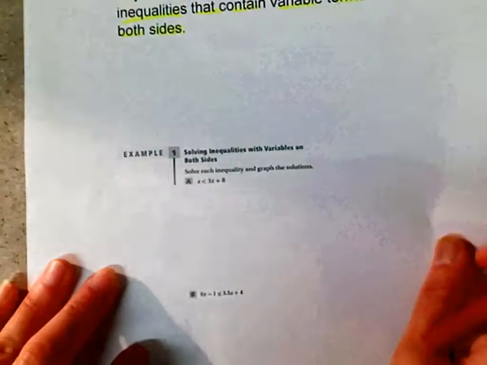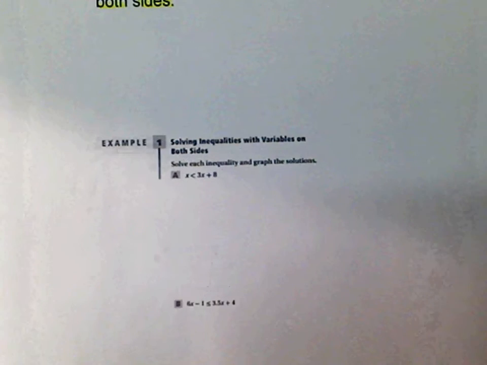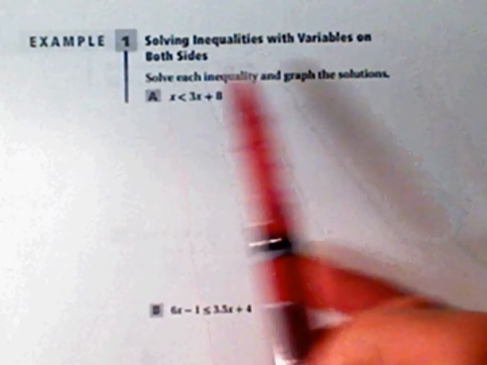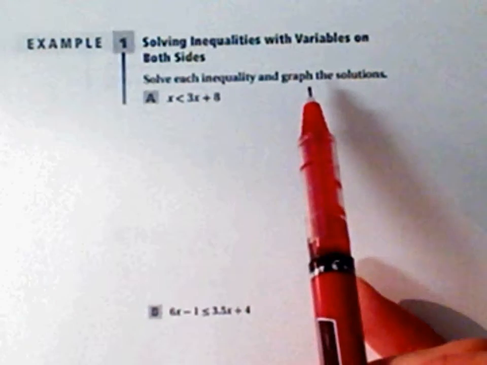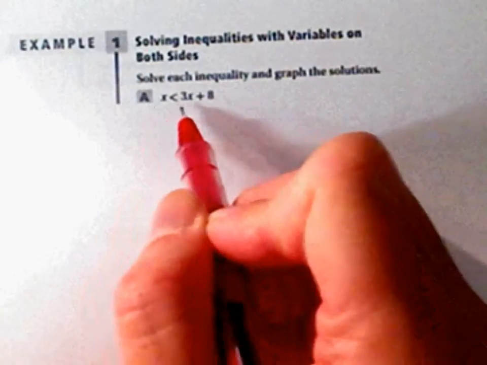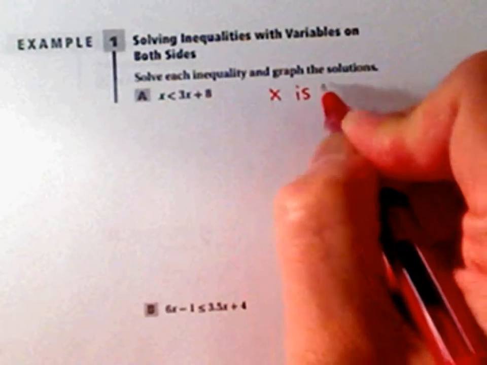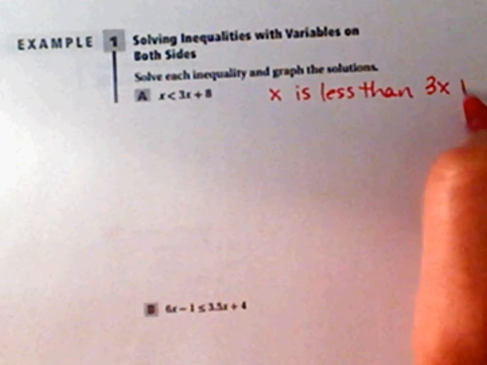Example 1. In example 1, you are going to solve inequalities with variables on both sides. Solve each inequality and graph the solutions. A. x is less than 3x plus 8.